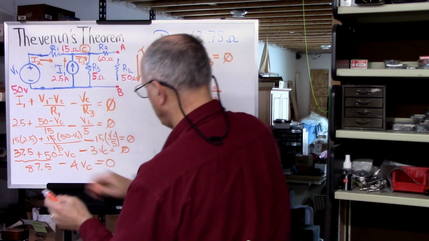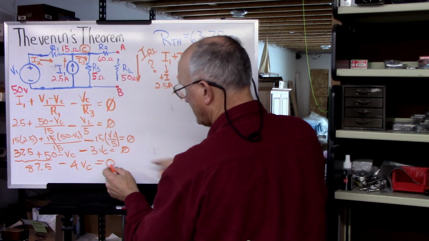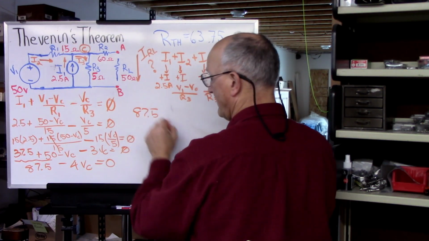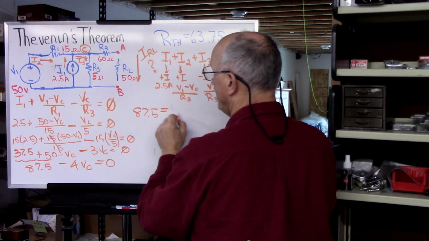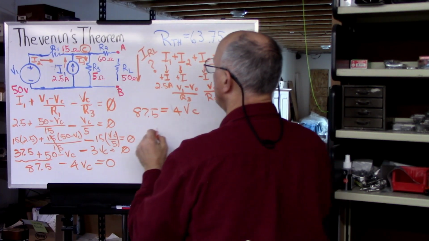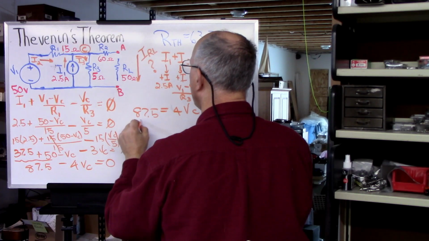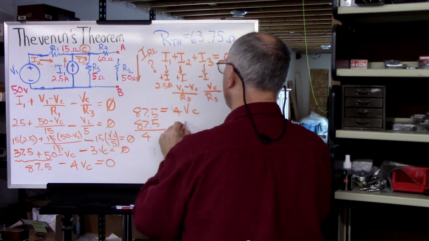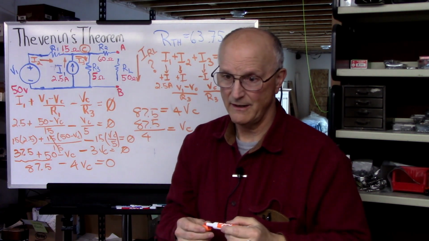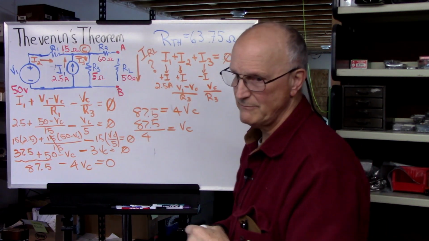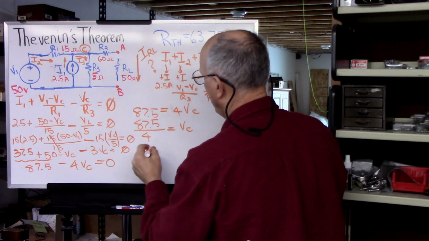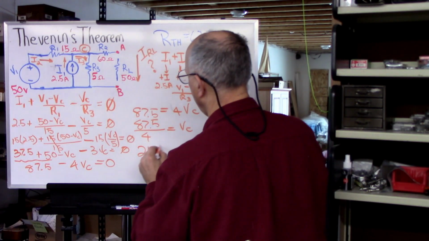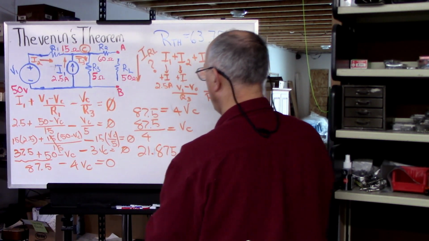That gets rid of it on this side, but then it puts it over on the other side, because 0 plus 4 VC. We have 87.5 is equal to 4 VC. So 87.5 divided by 4 is equal to the voltage at C, which comes out to be 21.875 volts.